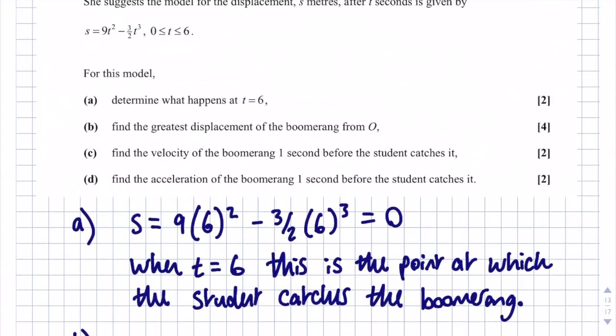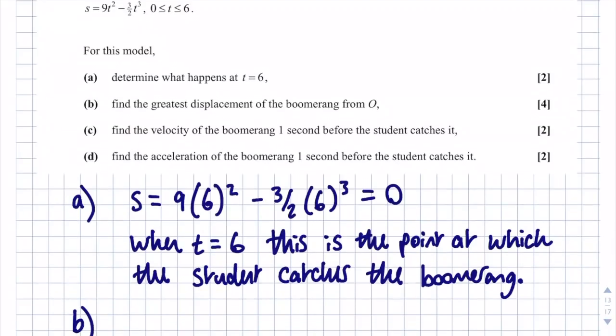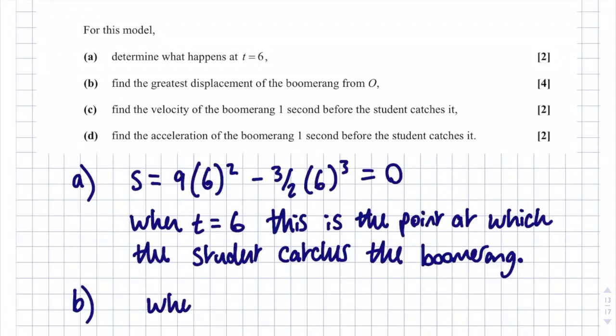Part B says find the greatest displacement of the boomerang from O. Now the greatest displacement is going to be when the velocity of the boomerang is equal to 0. So when v equals 0, we need to differentiate our displacement function, because velocity is the rate of change of displacement.